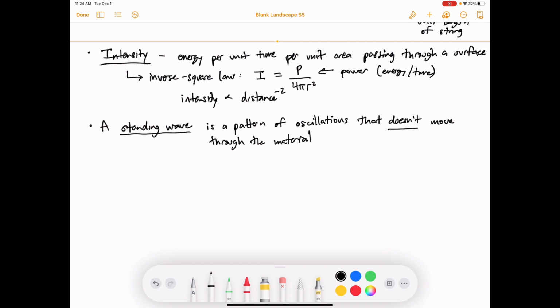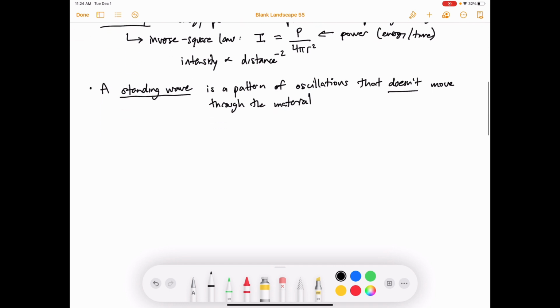And so a classic example of a standing wave is when we have a string that's fixed or held down at each end. So we have a fixed end of the string here on the left, and then a fixed end over here on the right. This is the exact situation you would have, for example, on a guitar.